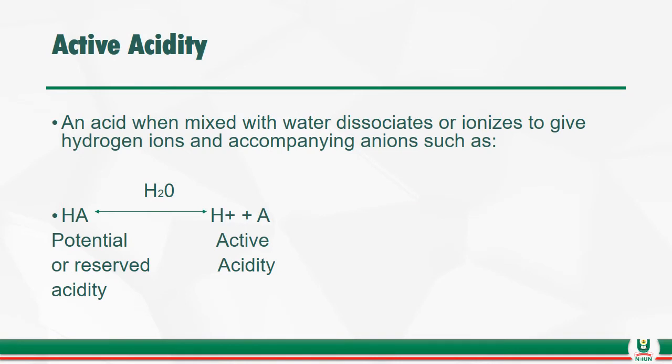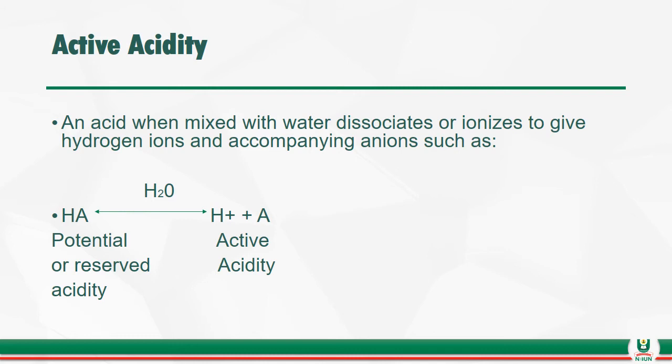And we can see here that we have what we call active acidity in the soil. An acid, when it mixes with water, dissociates or ionizes to give hydrogen ion and accompanying anions.